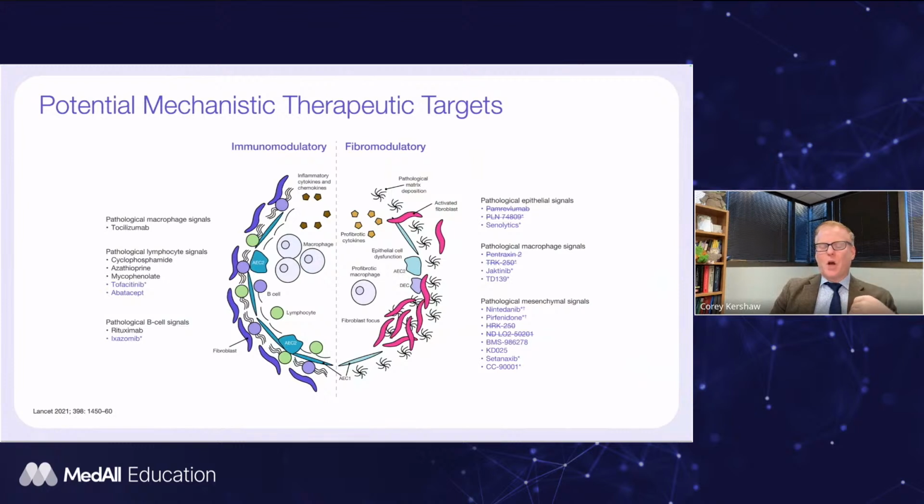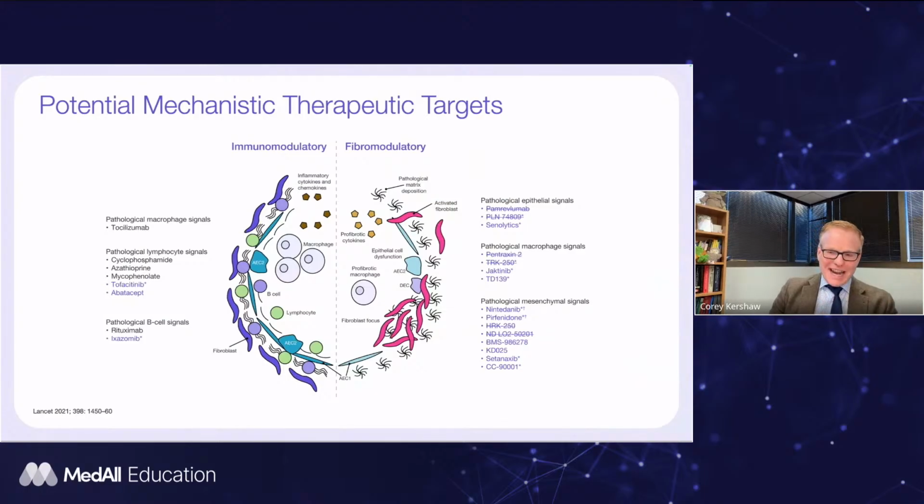We have targeting the epithelial signal that starts the fibrosis cascade. We have macrophage signals that are potentiators of the fibrosis. We have these mesenchymal signal targets that help with the fibrosis, the fibroblast to myofibroblast transformation that's later or more distal in the fibrotic cascade. This affords multiple opportunities for research and future clinical trials.